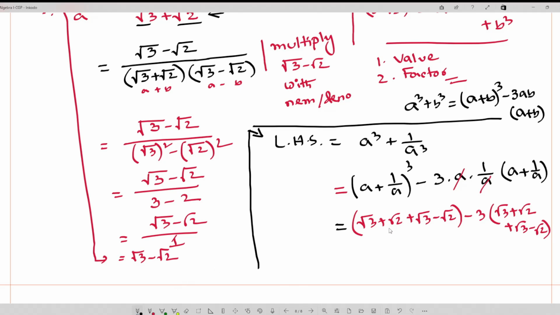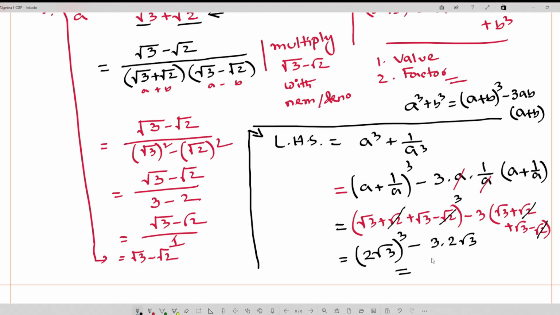Now look, here root 2 and root 2 cancel out, we can write here 2 root 3, and here is cube, right? Cube minus, here root 2 and root 2 cancel out, so we can write 3 times root 3 plus root 2 means 2 root 3.